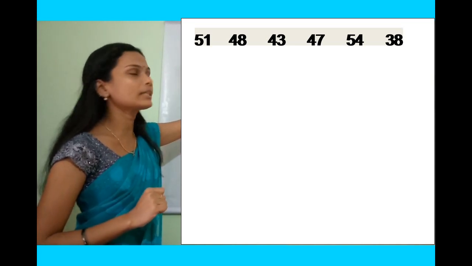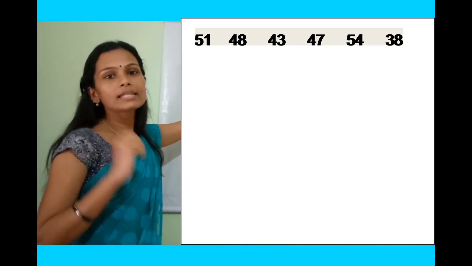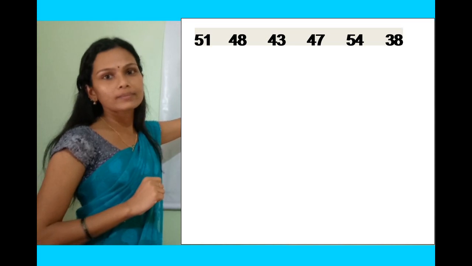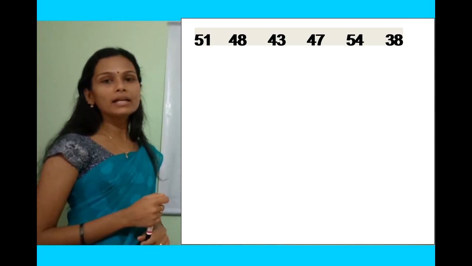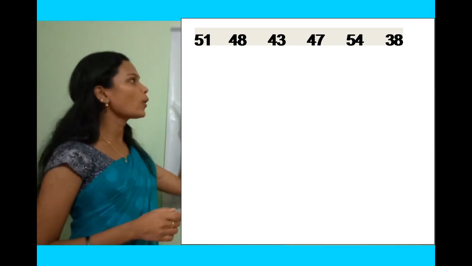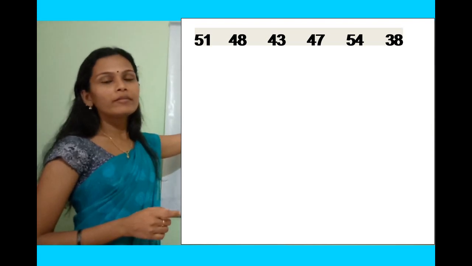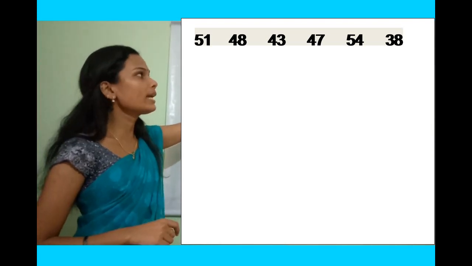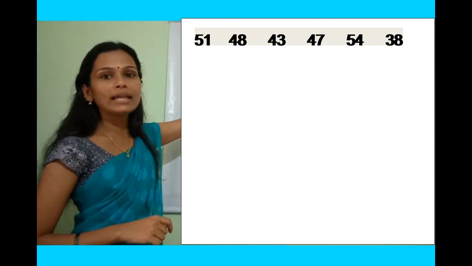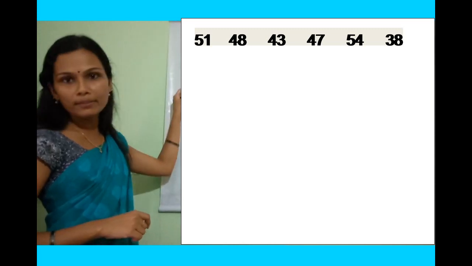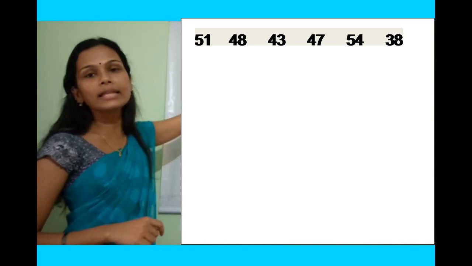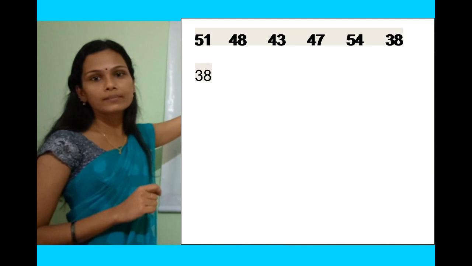And last, 38 is given. 3 is the first digit. When we compare the first digit of all the given numbers, we find that 3 is smaller than all the other numbers. So you have to write 38 first.